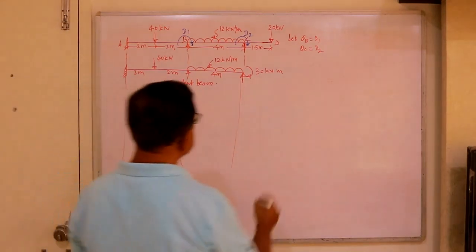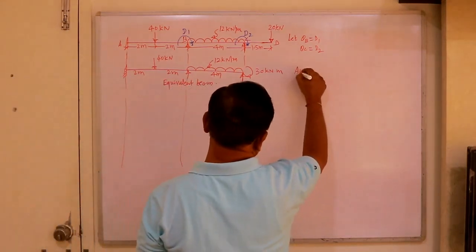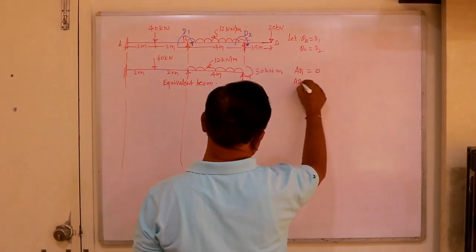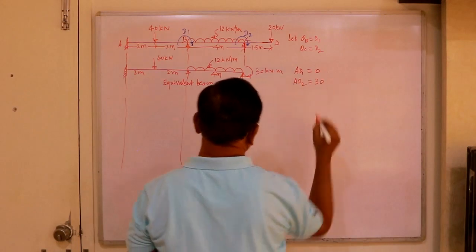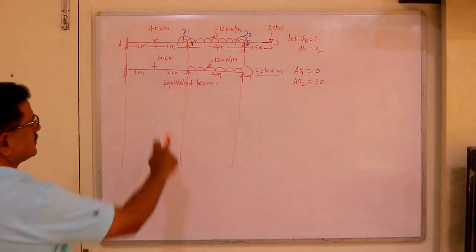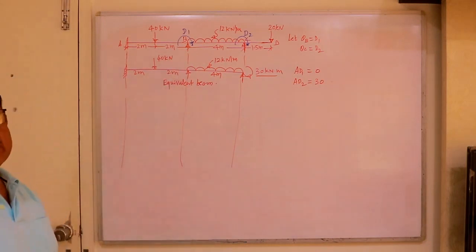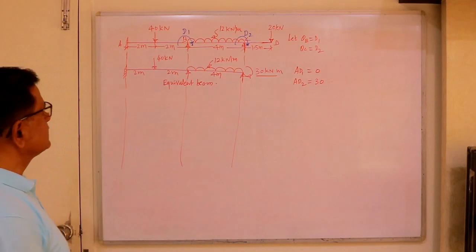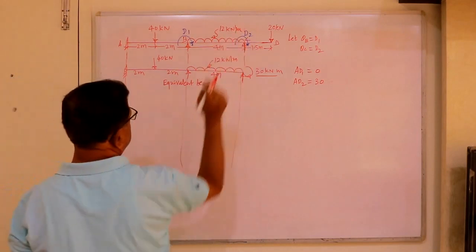And here the original action, AD1 is 0, AD2 is 30. So this is nothing but AD2, and there is no concentrated moment acting here in the direction of D1. So original action is in the direction of the second coordinate, that is in the direction of D2.